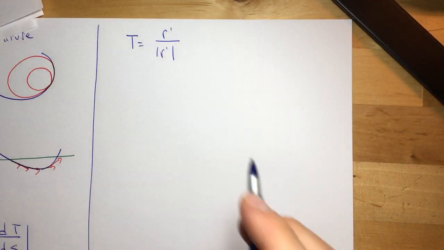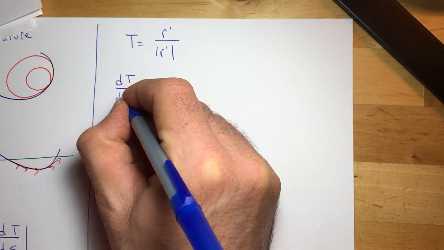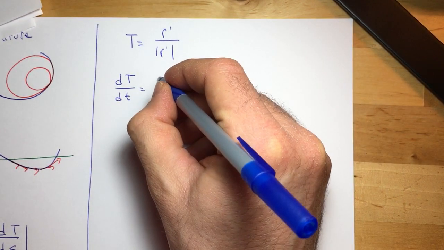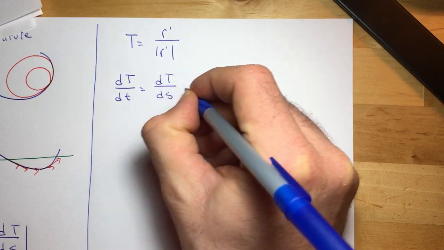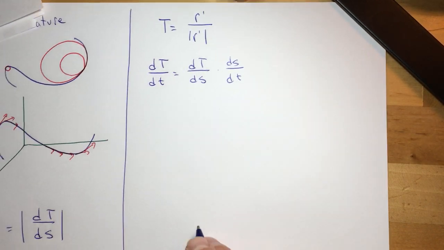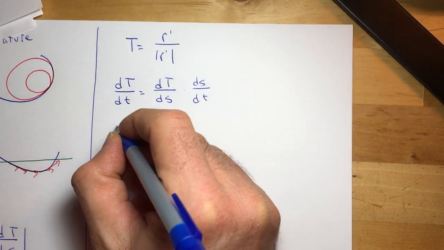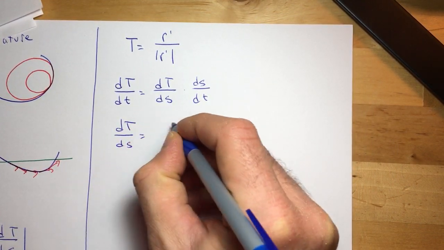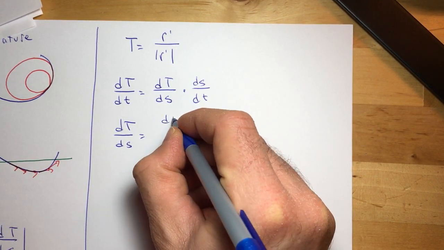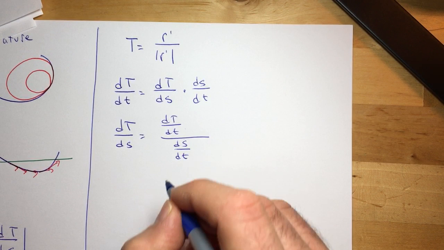Then if I evaluate the derivative of the unit tangent vector with respect to s, where the unit tangent vector is parameterized with respect to the arc length, that's going to be dT/ds, by the chain rule, dT/dt times dt/ds.